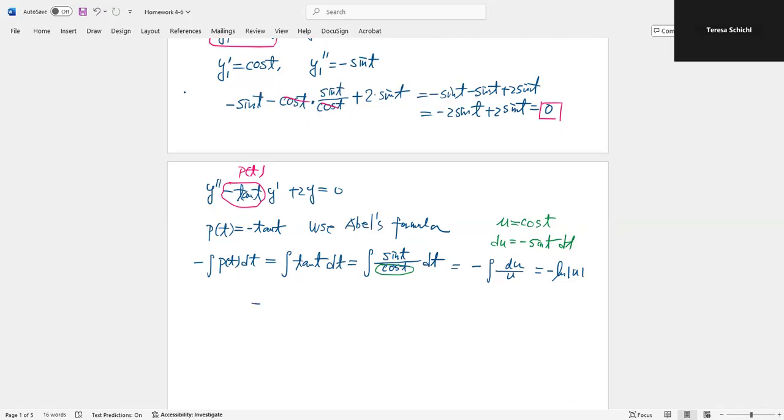And then my u is cosine t, so it's negative natural log of cosine t. Okay, and then this will be the natural log of 1 over cosine t, or I can say that it's the natural log of secant t.